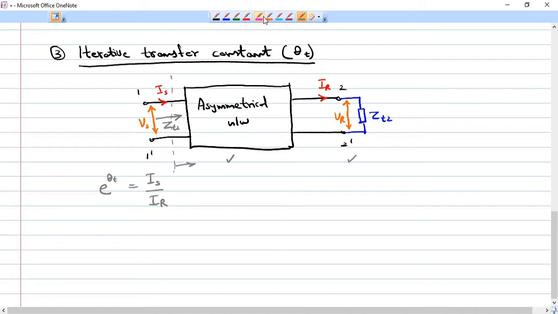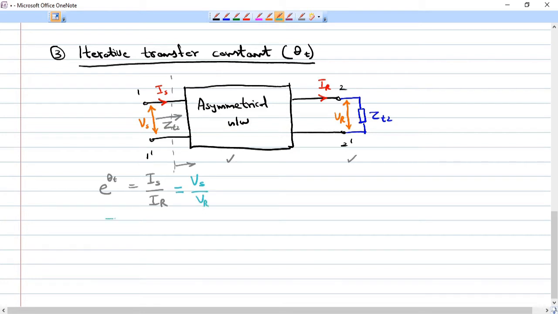So we can write e power theta t as the ratio of the sending end current to the receiving end current, which will be the same as the ratio of sending end voltage to the receiving end voltage.